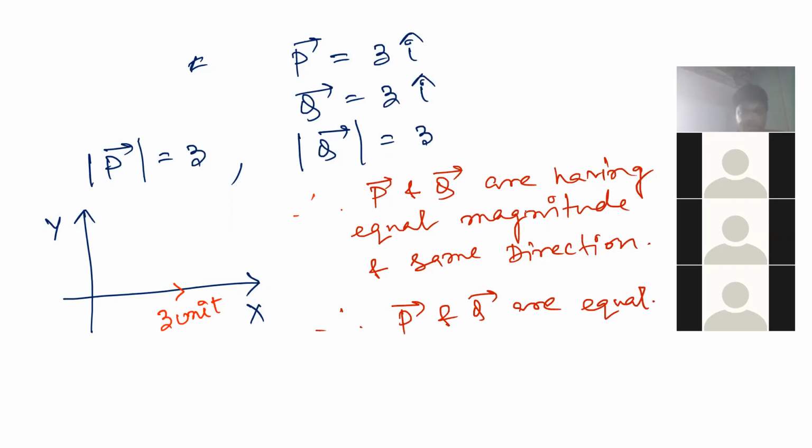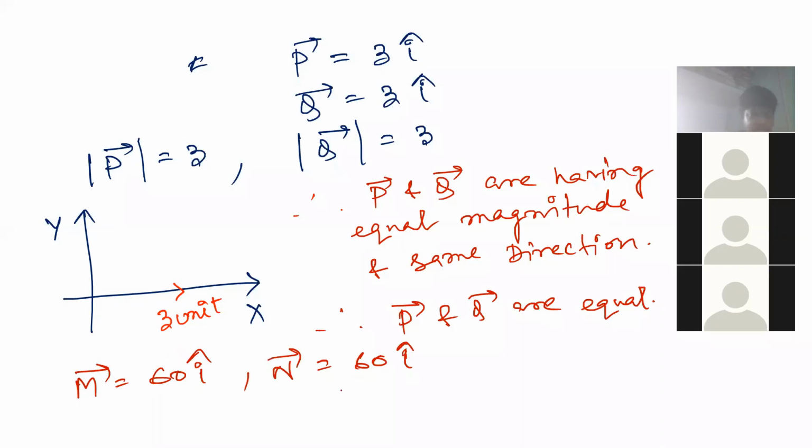Now, whether the equal vectors and equivalent vectors are both clear, I can take more examples of equal vectors. Suppose there are two vectors, m vector equals 60 i cap and n vector equals 60 i cap.